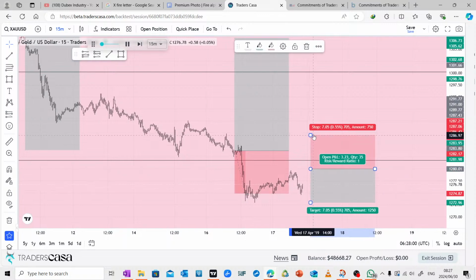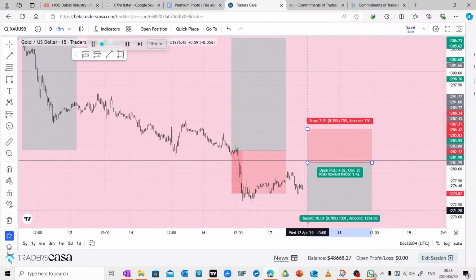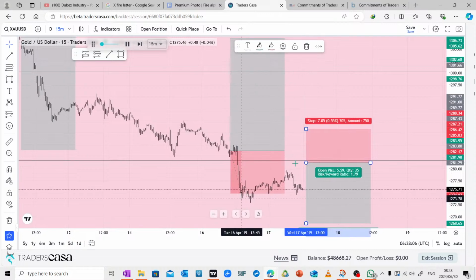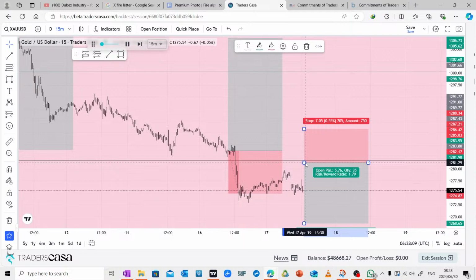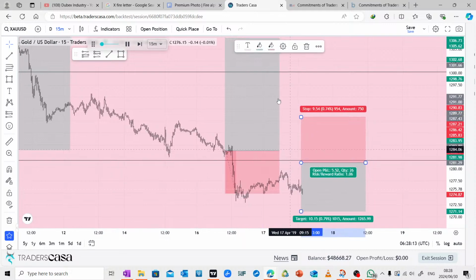Retracement, put my stop above there. And go short with the market, targeting the retracement side. Expect maybe another turtle soup there.